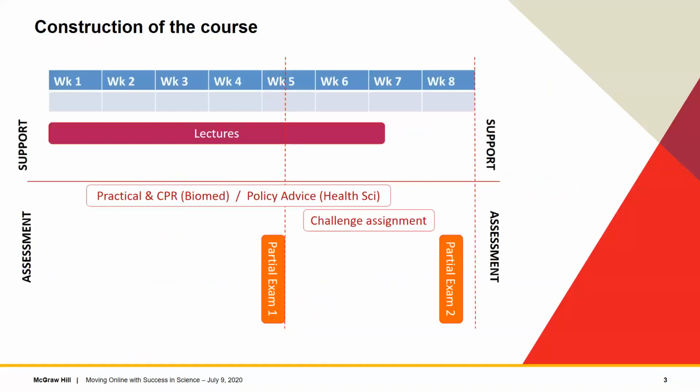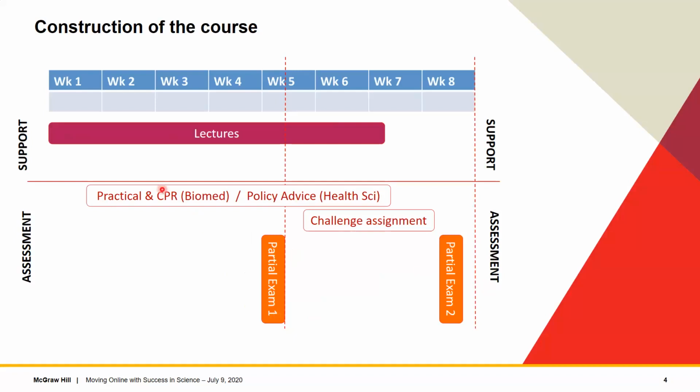So my course now looks like this: we have 8 weeks of teaching. In these 8 weeks, we have almost 7 weeks of lectures, we have some practicals, we have a challenge assignment, and in the end, we have an exam, but also halfway we have an exam, so 2 partial exams.